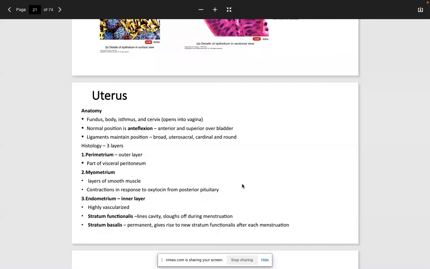As sperm penetrate the vagina, it will then go into the cervix, and from the cervix it will pass into the uterus, into the fallopian tubes, where it will then come in contact with the egg. From there, it will implant into the uterus, and from there you will have continued development.